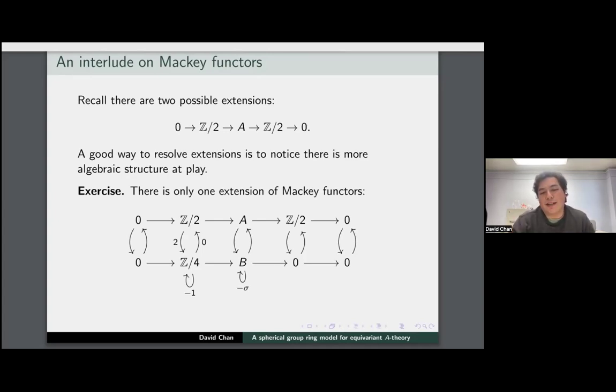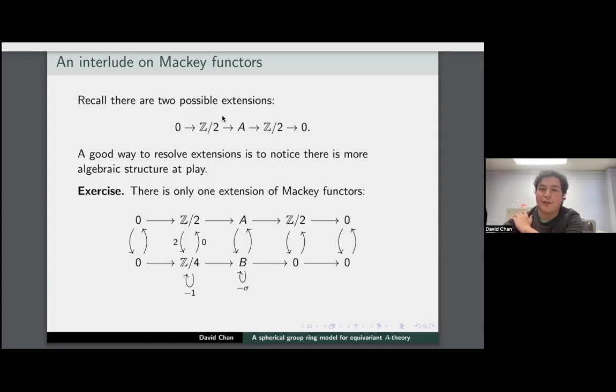I claim that there's precisely one extension of Mackey functors that looks like this. And the key here is that the top row is exactly the extension problem that I cared about above. Normally if that was all I gave you, then you can't decide which group A is. But if you knew that it was a part of these Mackey functors, then you could decide what A was, because there's only one extension of Mackey functors that makes this work. So this is the sort of thing that you can use Mackey functors for.